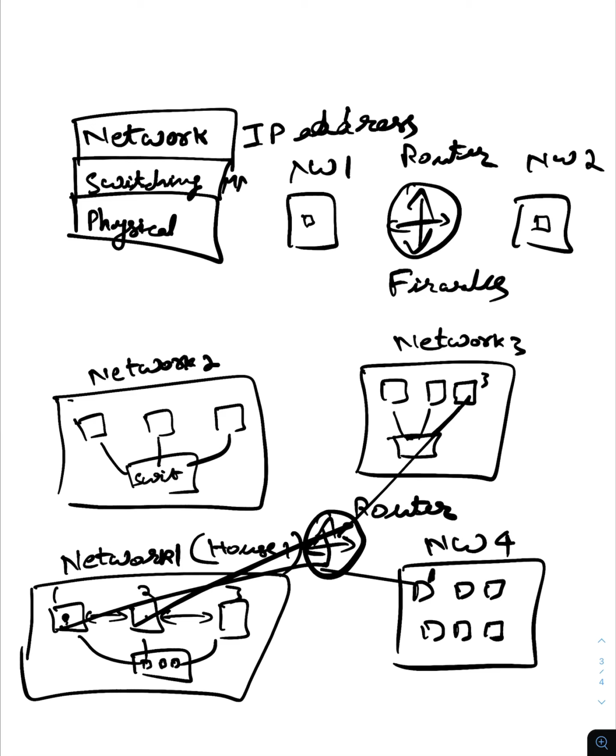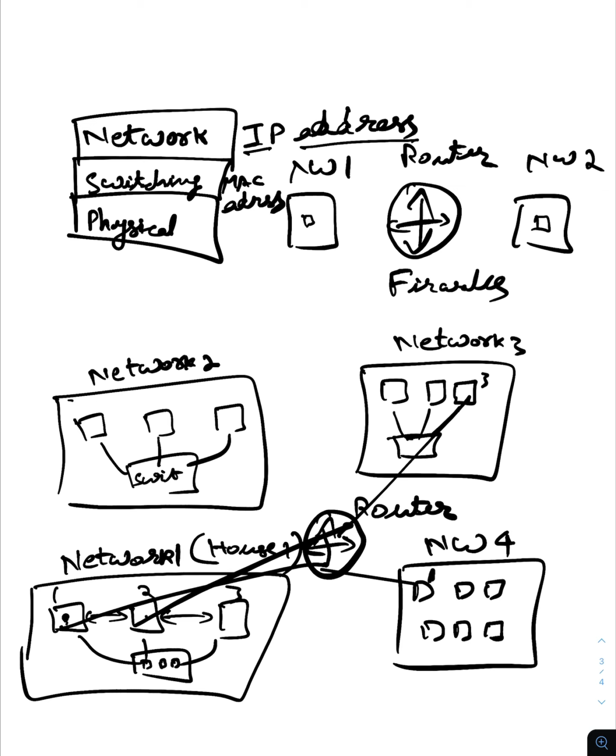Switching is MAC address. So MAC address is a unique address. Your phone, your mobile device, has a unique MAC address. Your computer has a unique MAC address. But your network address may vary. It's just like a mailbox address.